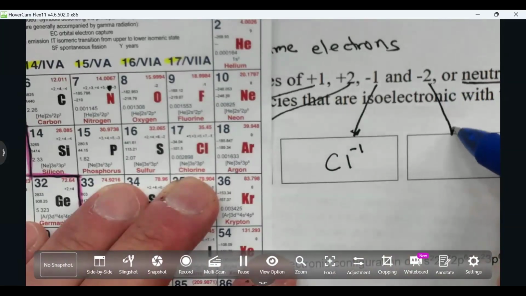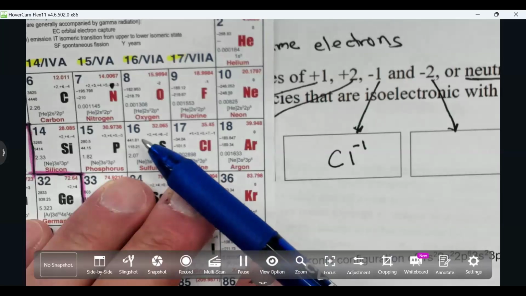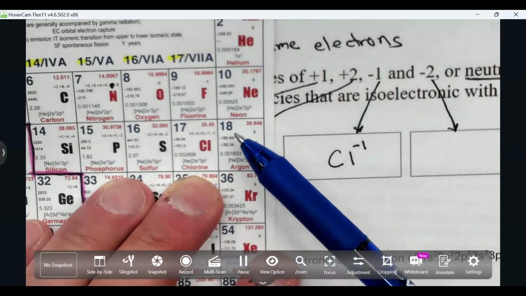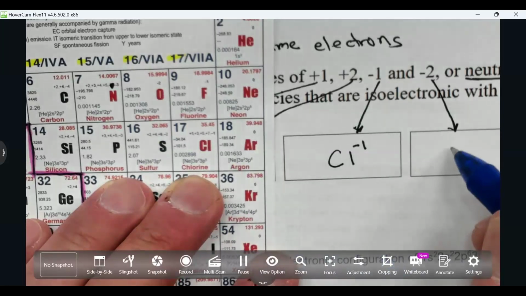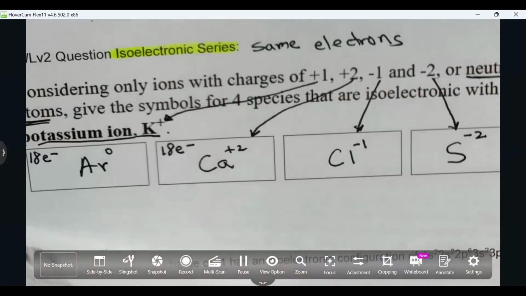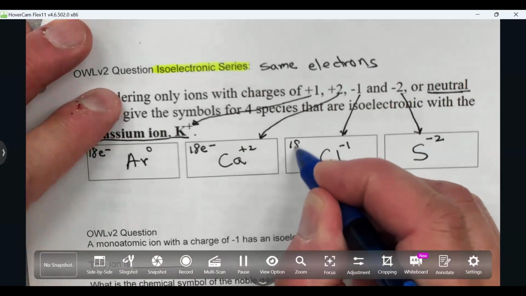And then which one is going to gain 2 electrons? Sulfur, right? Sulfur, 16 to 18 would be a -2. All of those have 18 electrons.